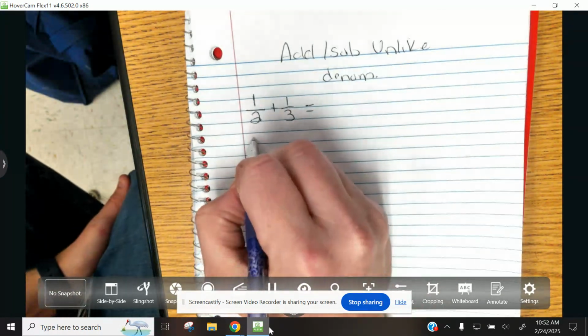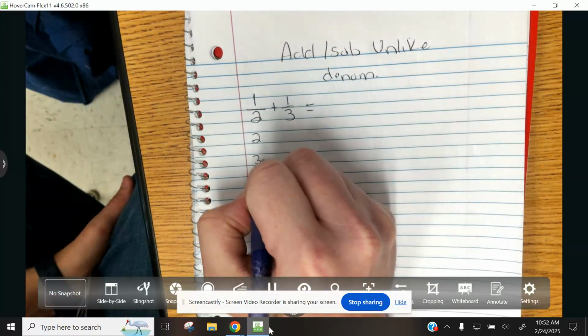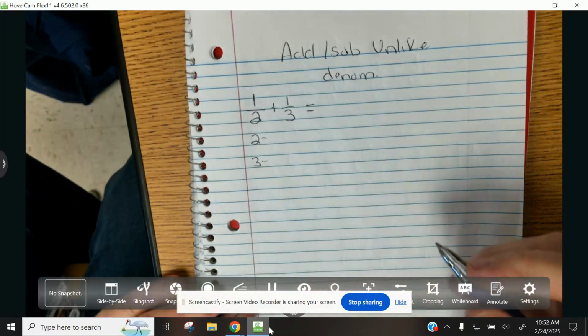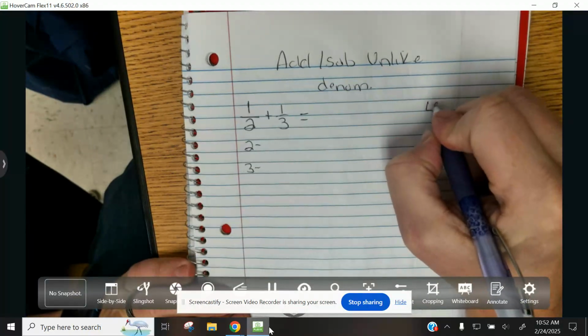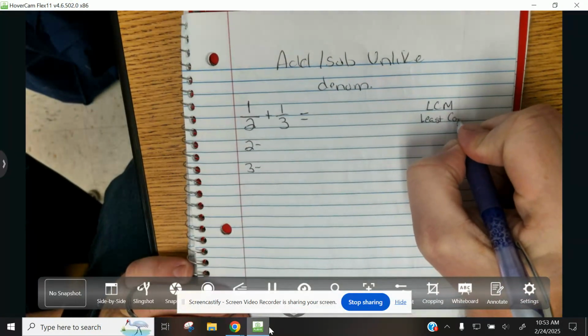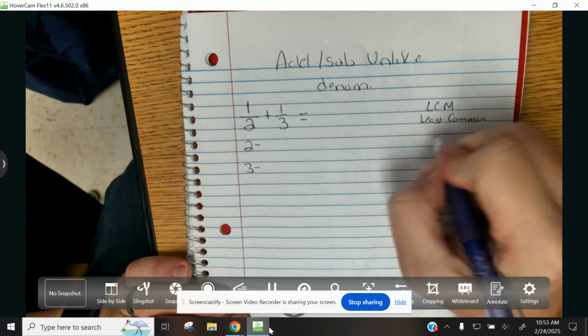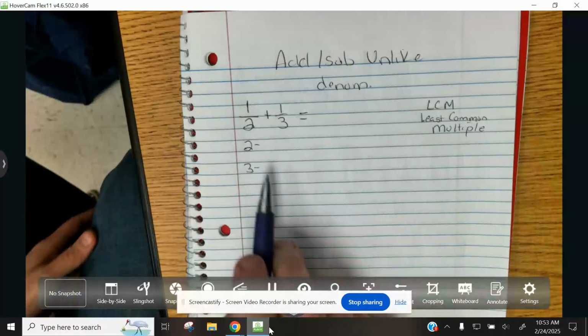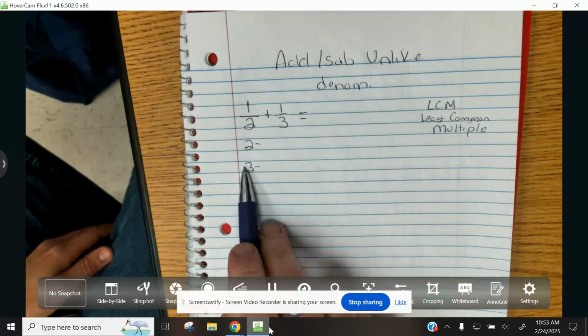So down here, we're going to write the number 2 and the number 3. We have to get these denominators to change, and we're going to do that by something called LCM, least common multiple. What we're going to do is list the multiples of 2 and 3.